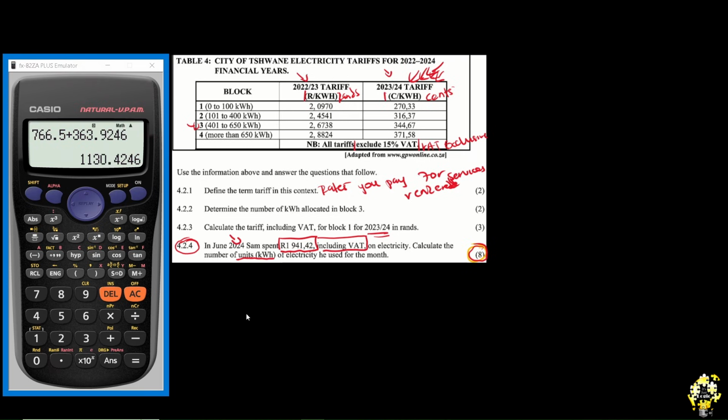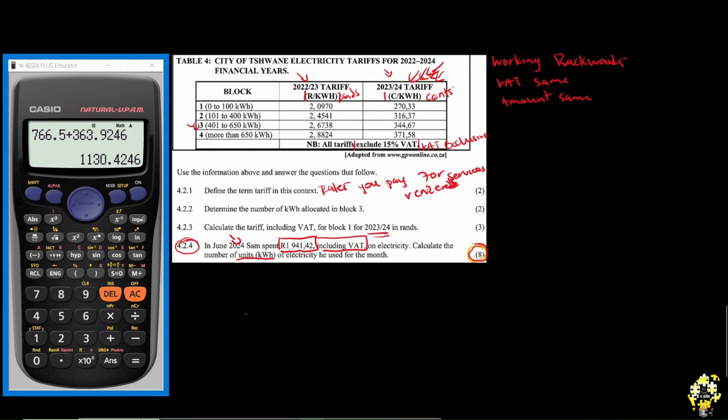We are reverse engineering. When we are working backwards, there are things which need to be the same. That is, VAT needs to be the same, and also the amount has to be the same.